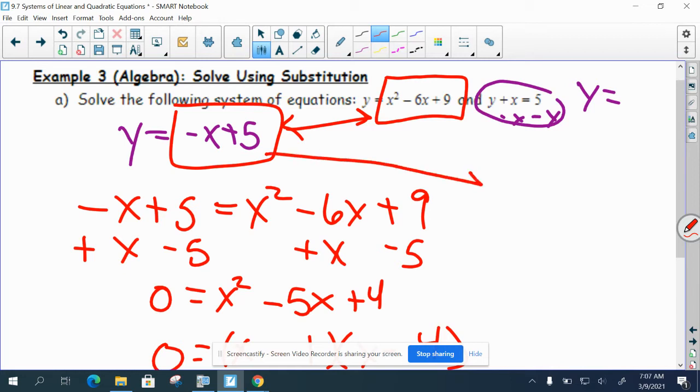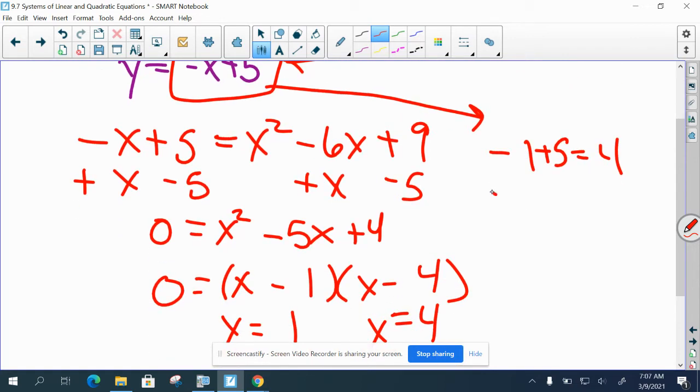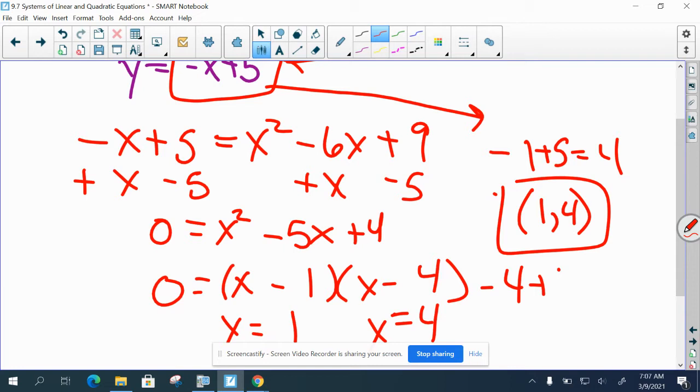So negative 1 plus 5 is 4. So that would make the point 1 comma 4. And then if I did negative 4 plus 5, that would give me 1. So that would be 4 comma 1. That was just a coincidence that they ended up being opposite coordinates.